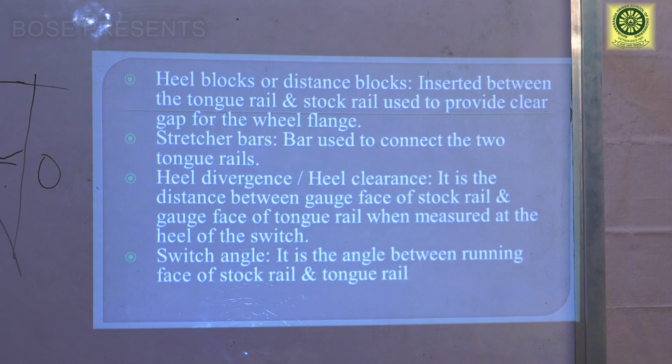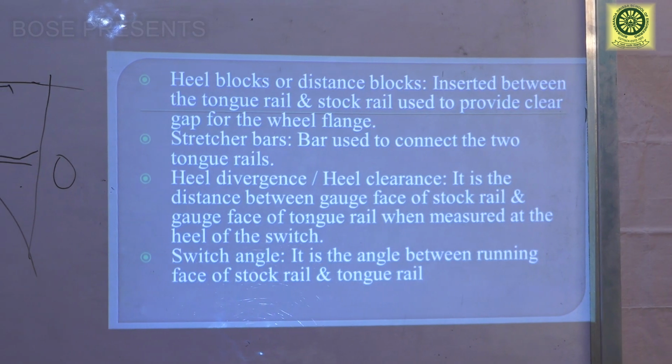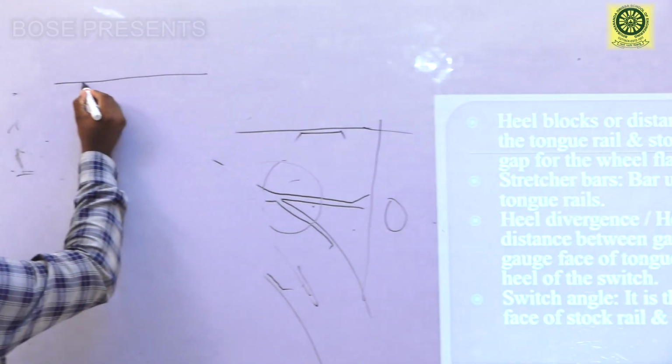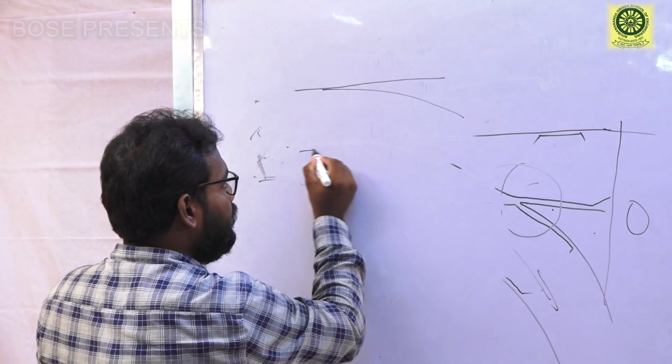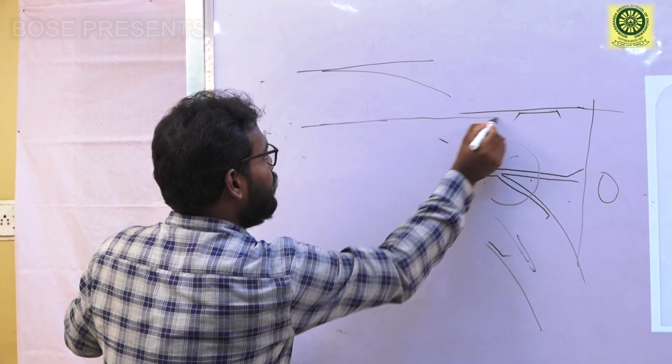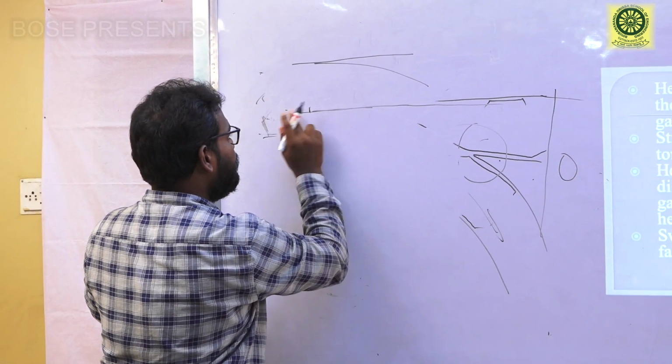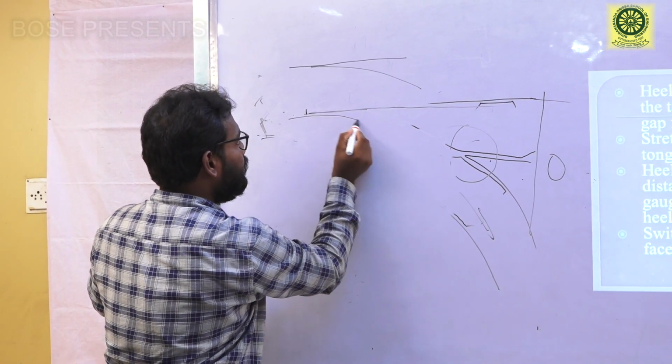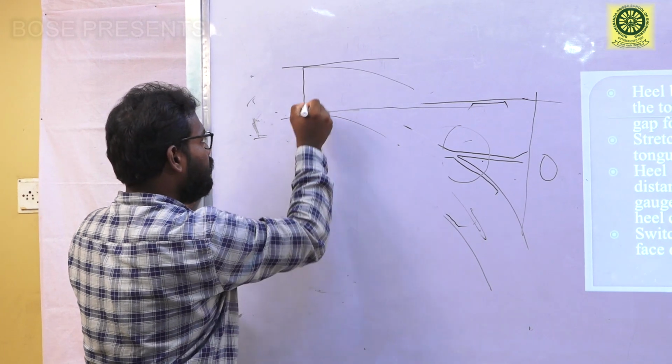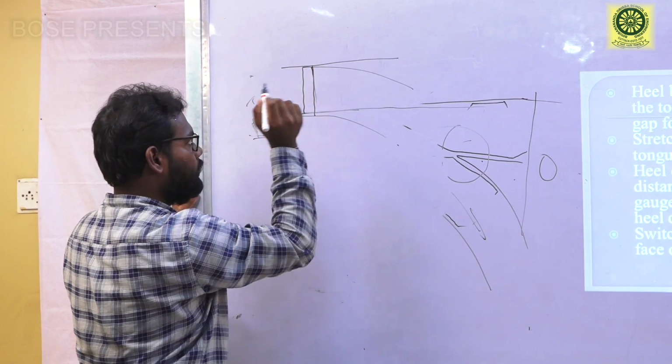Next is heel divergence. Now look at this diagram. What do you mean by heel divergence? Look, if this is a stock rail, this is a tongue rail, and here also this is a tongue rail, and also this is a stock rail. So the tongue rails are joined by a stretcher bar.